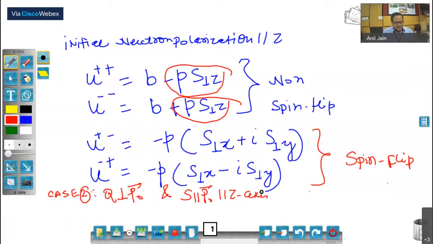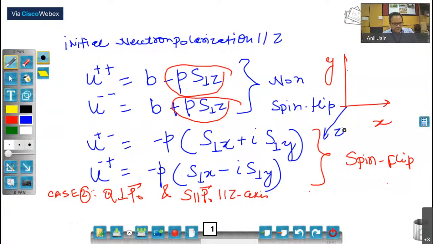And now let me assume that this horizontal scattering plane is XY. So this is, let's say, my horizontal scattering plane, and the Z axis is out of the board. So this is the Z axis. In this case, what you see is that all magnetic scattering goes to non-spin flip.